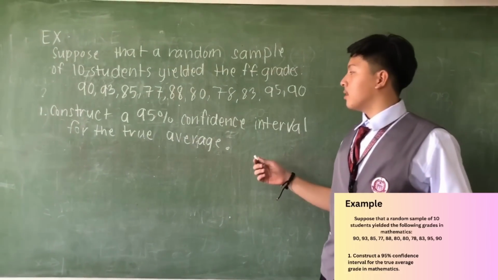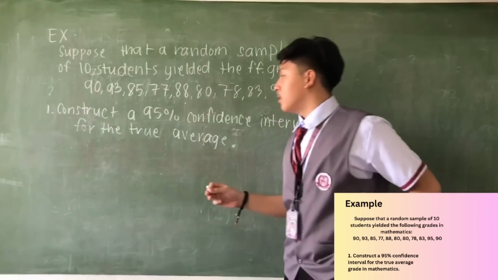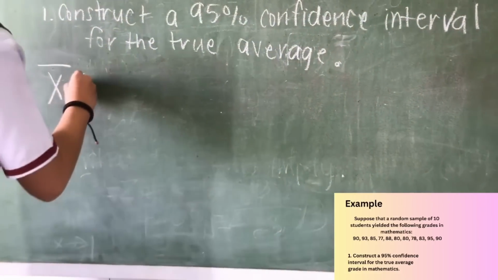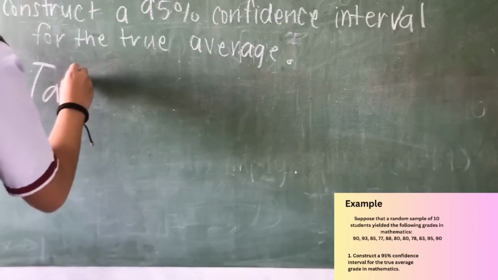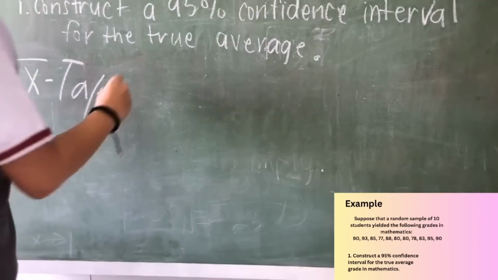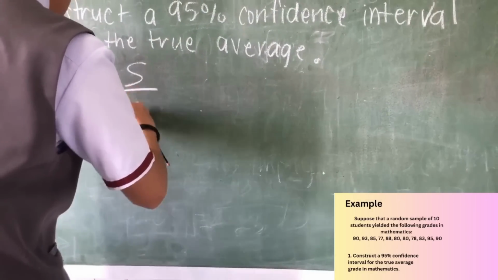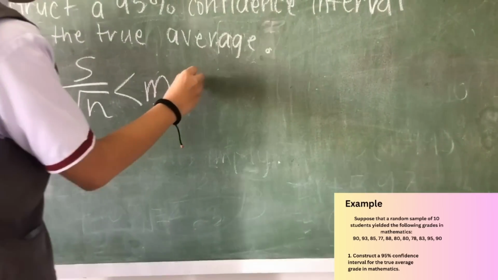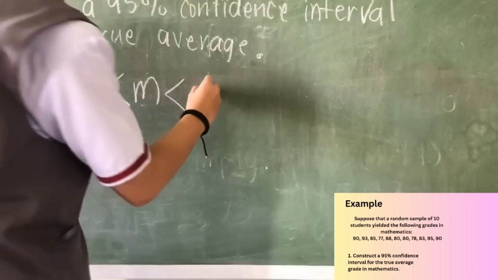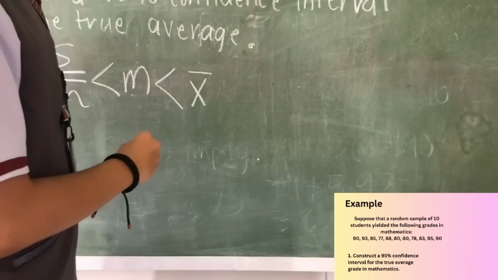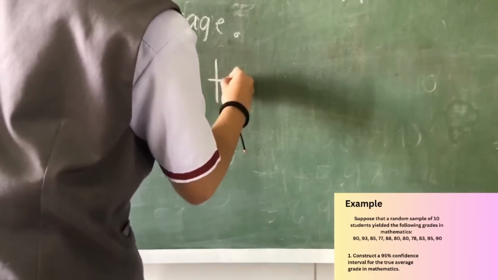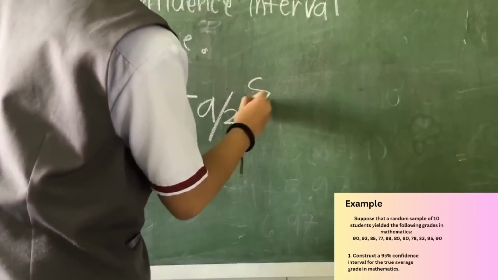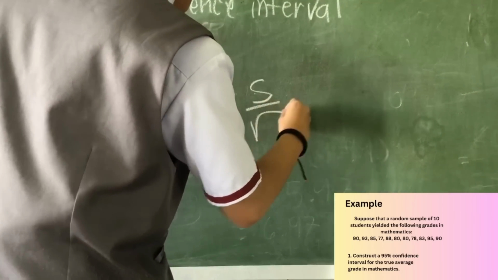To construct a 95% confidence interval for the true average, you will need the formula: sample mean minus t sub α over 2 times standard deviation over square root of n, less than mean, less than sample mean plus t sub α over 2 times standard deviation over square root of n.